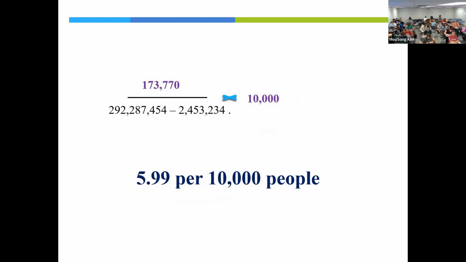So you don't need to worry about the rounding here. I will give you a specific number later, but if you use this formula and get around this number, you should be okay. That is the incidence rate. So don't forget: we need to exclude people who already have the disease from the number at risk.